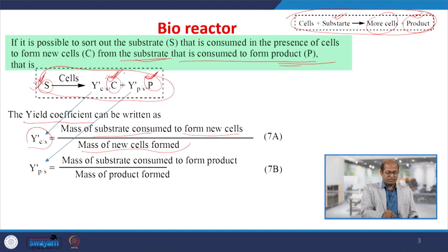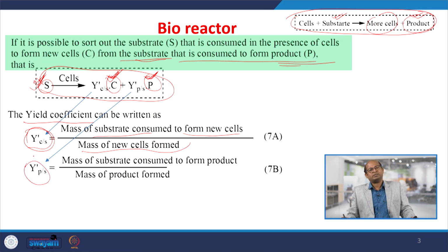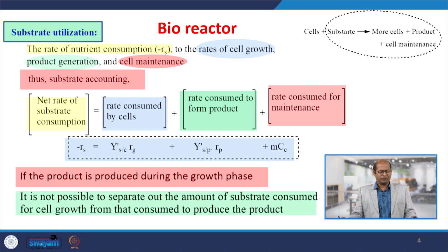So, here substrate consumption with respect to the new cell formation we are expressing this way, Y prime C by S. Similarly, with respect to product formation and substrate consumption, we can express it this way also: mass of the substrate consumed to form product per mass of the product formed. Okay. So, this way also we can write, and some other forms also, that we already discussed in your previous class. Again I am just repeating that part.